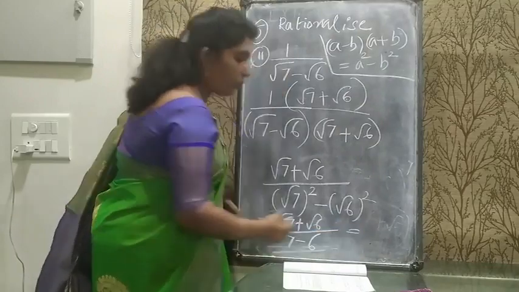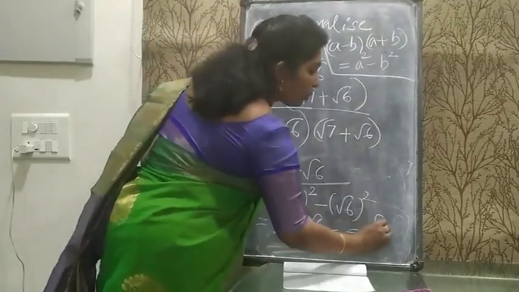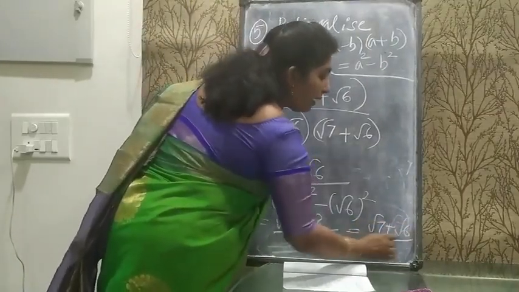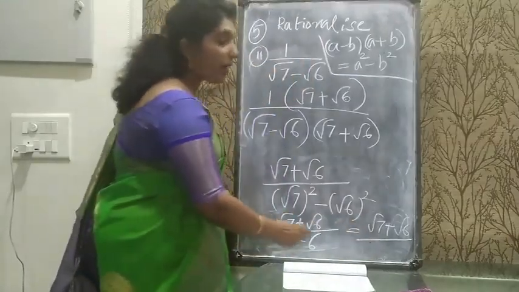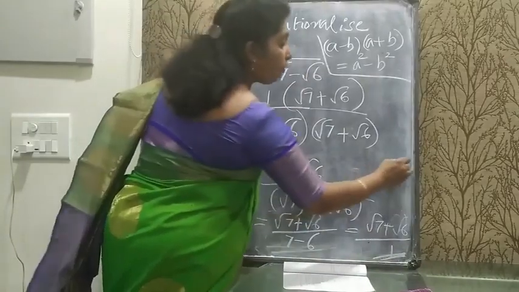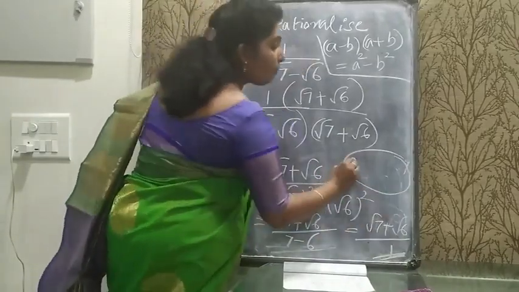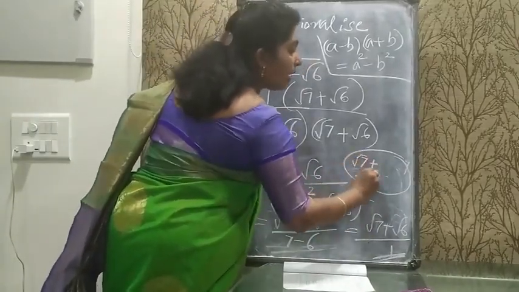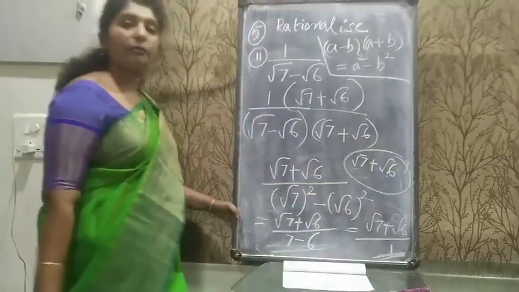So the denominator is 7 minus 6, which is equal to 1. It means our final answer is root 7 plus root 6.